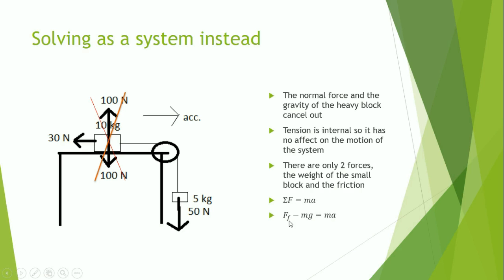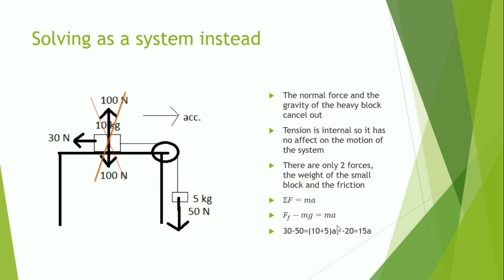So basically the friction, because friction's trying to oppose the acceleration, minus the weight equals mass times acceleration. So friction and the weight have to be opposing each other, and as long as you subtract one from the other, you'll get the right answer. Just the sign will be different.